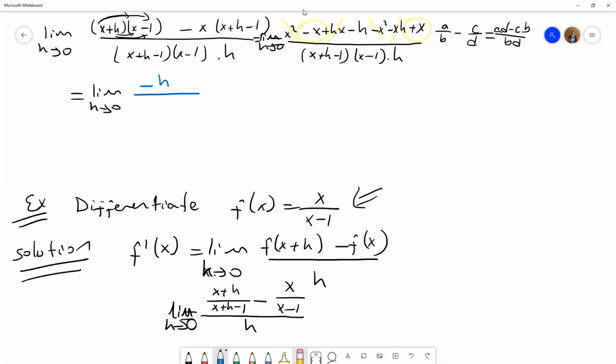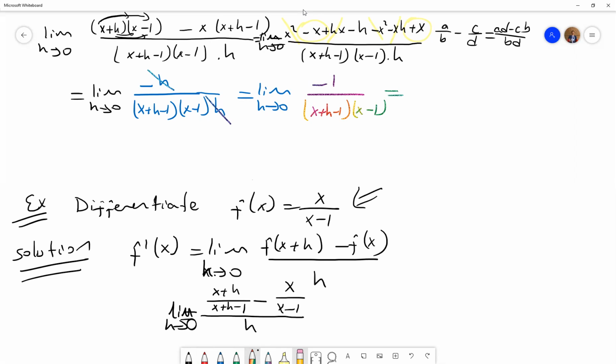So limit h goes to 0, and we have minus h here and h here, so we have only minus 1 here over (x plus h minus 1)(x minus 1).